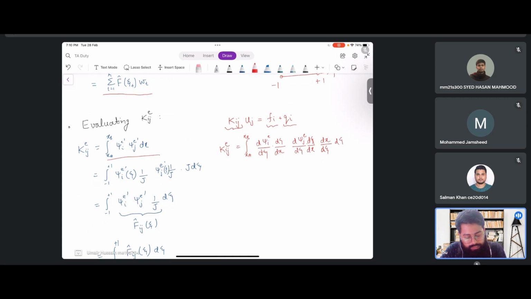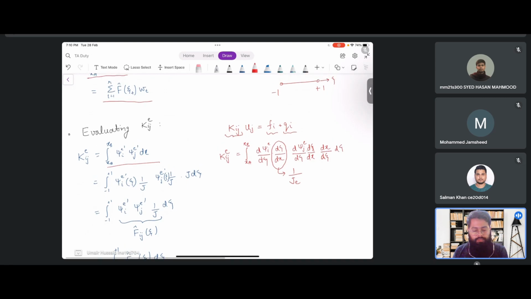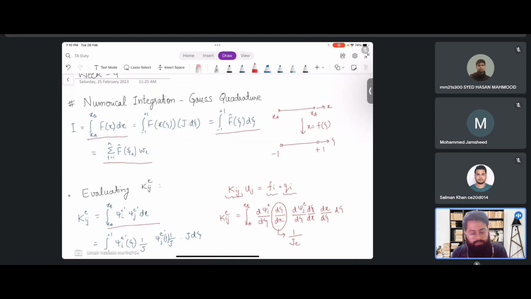We studied that this term here is nothing but 1 upon the Jacobian of the element. The Jacobian is basically dx by d zeta, that is the derivative of the mapping function.